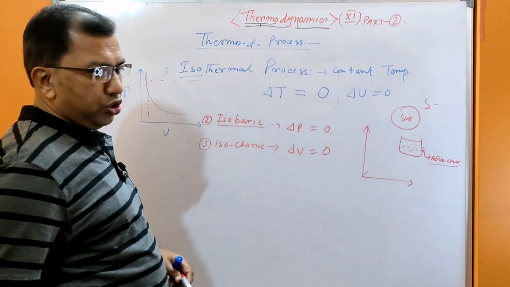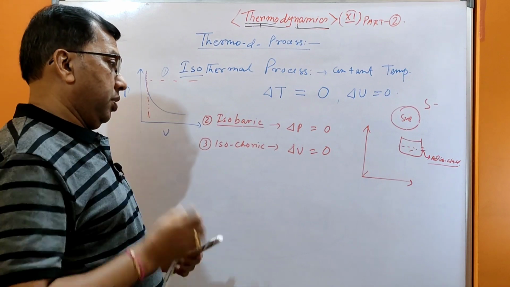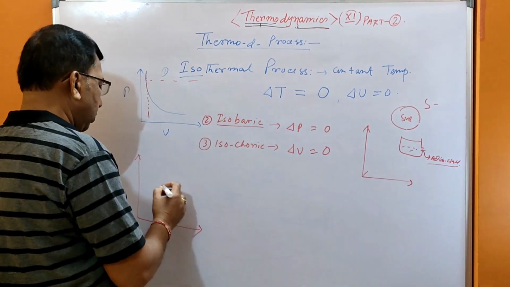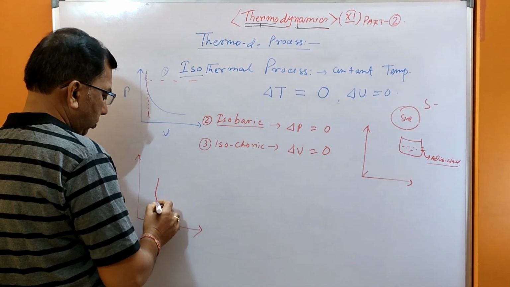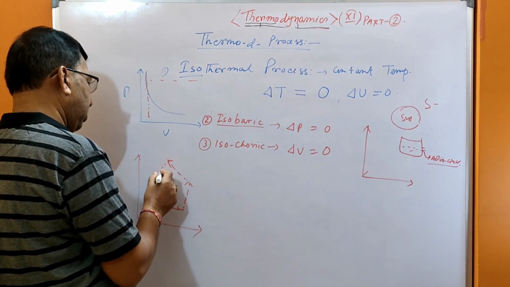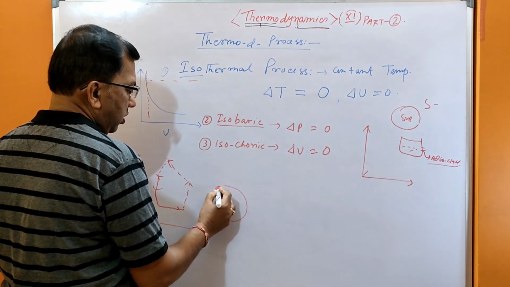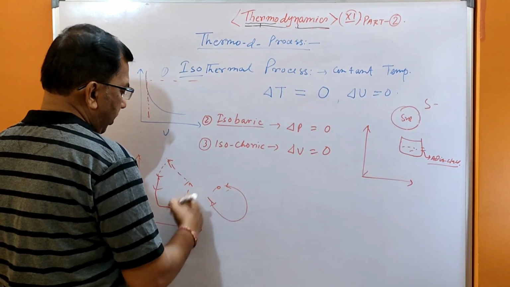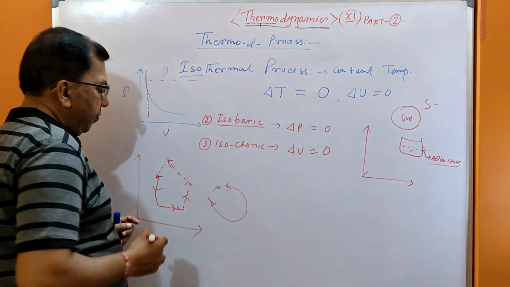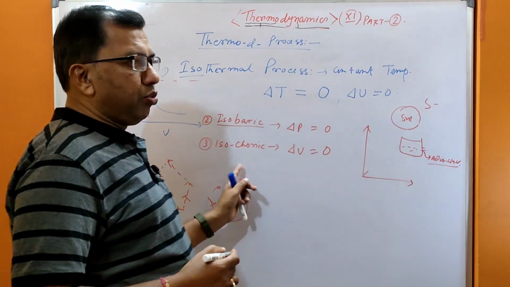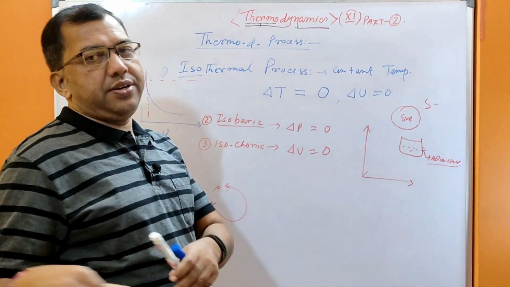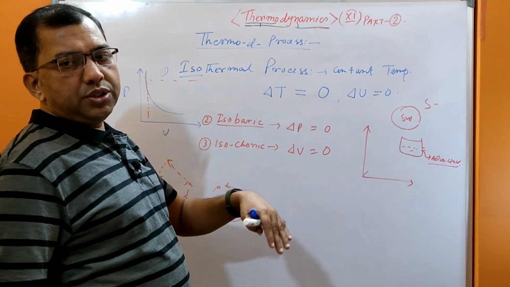In a cyclic process, whatever the path, it starts from an initial point and the final point is the same. I will discuss this a little later.